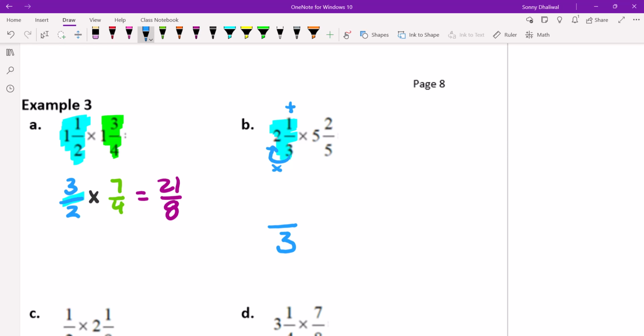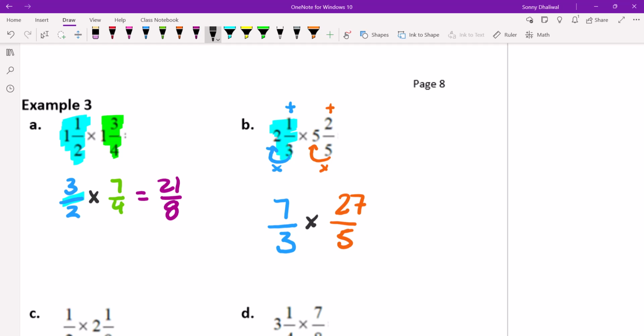What should the numerator be in this case? 7. 3 times 2 is 6, plus 1 gives us a 7. Then I'm going to convert the other one. Multiply and add. The bottom number stays the same. What should the numerator be? 27, yep. 25 plus 2. And we have a little multiplying symbol in between.